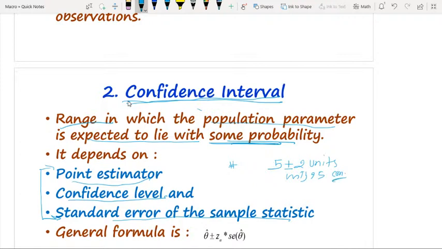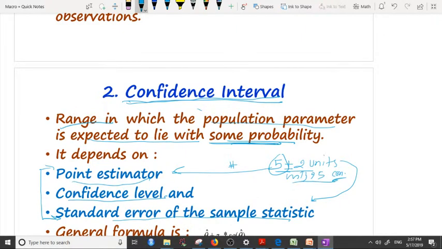So it says that we are 95% confident that the population mean lies within 5 plus minus 2 units. So this 5 is the point estimator. This plus minus 2 is the uncertainty that is reflected by the standard error of the sample statistic, and the 95% confidence is the confidence level.